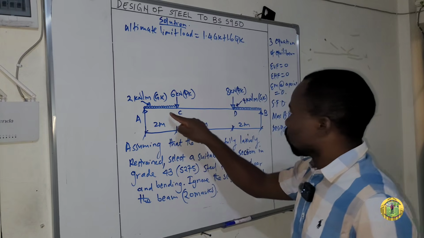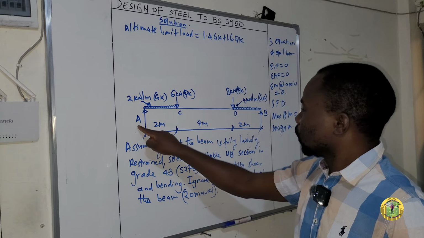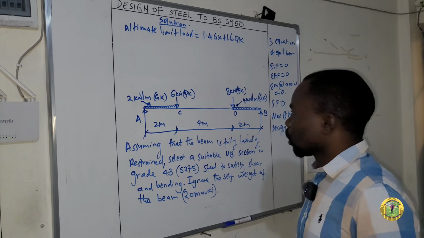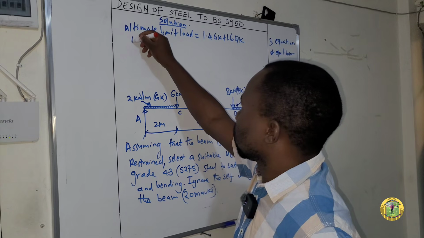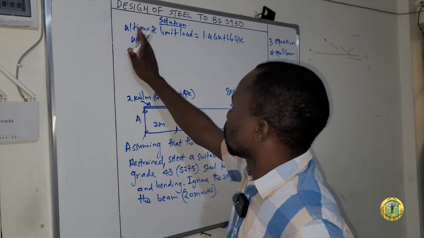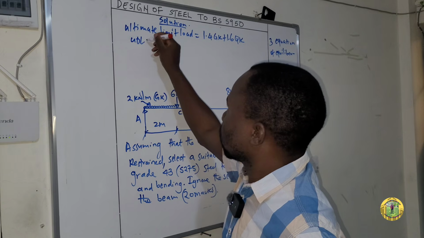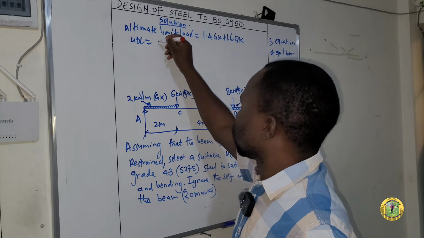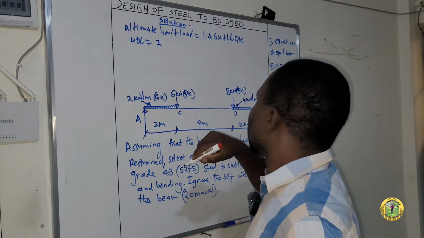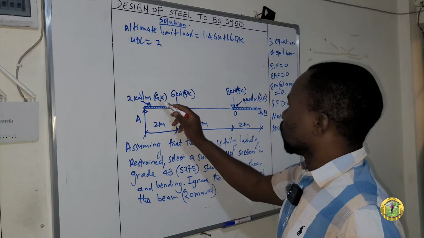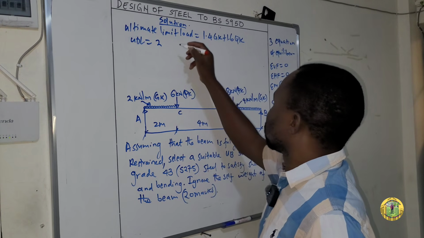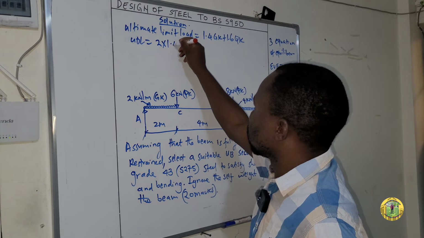So we'll begin from point A to point C. We have a UDL. So this UDL is equal to 2 kilonewton per meter. So this 2 is the GK. So GK is multiplied by 1.4.